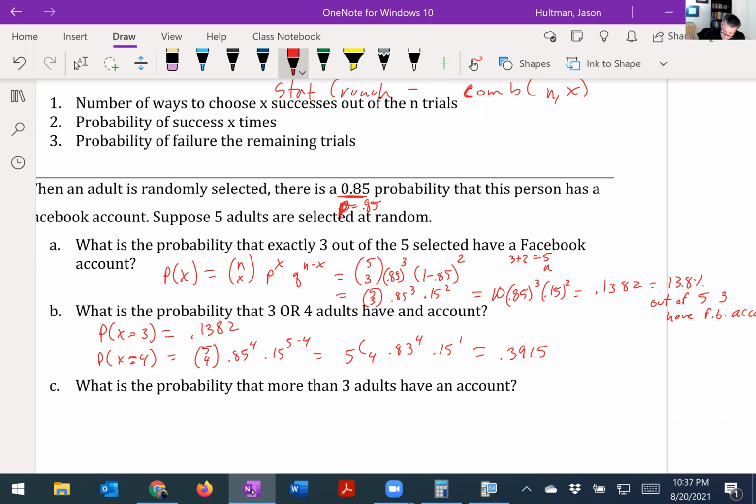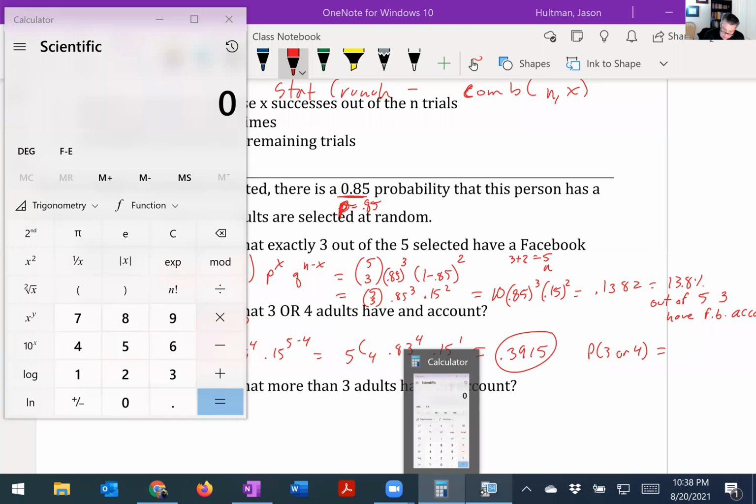And so what if I want the probability of 3 or 4? Then I'm just going to add these two numbers together. The probability of 3 plus the probability of 4. Well, I already have the probability of 4 in my calculator.